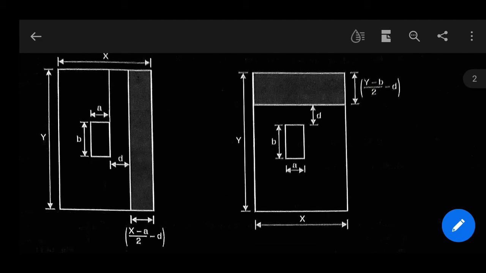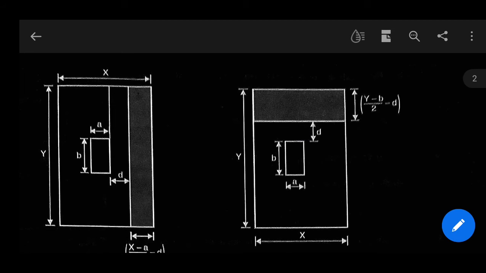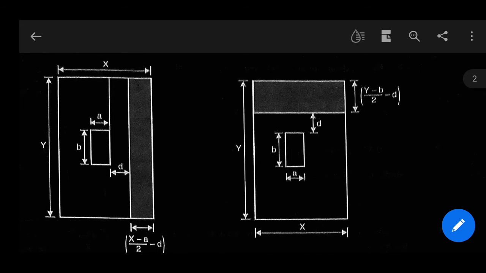One-way shear can occur either through the long axis or through the short axis, that is, longer direction or shorter direction. We have to check both of them.